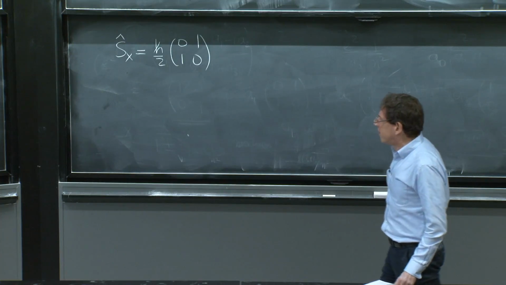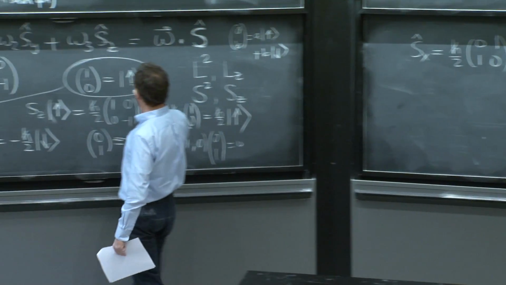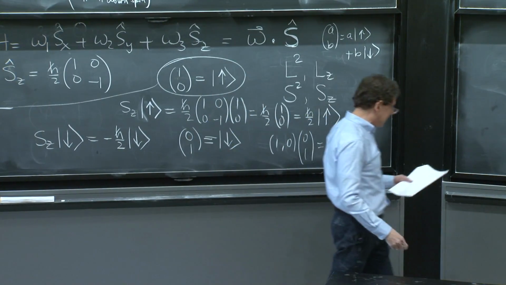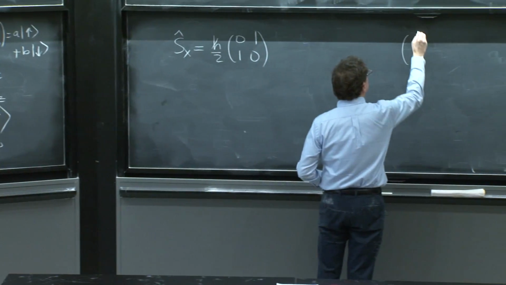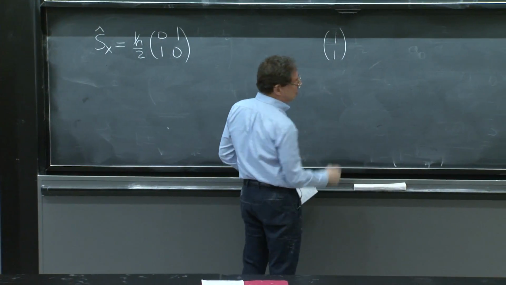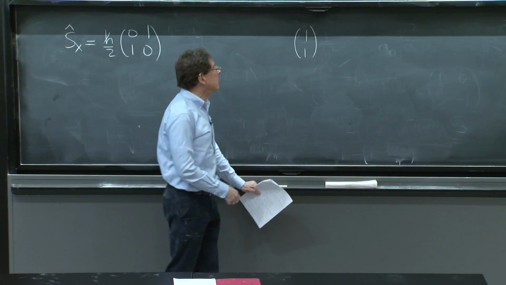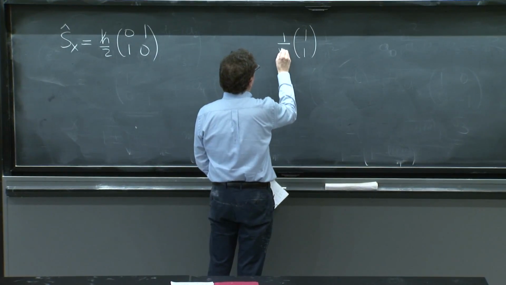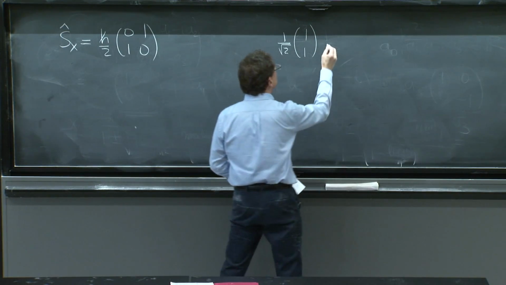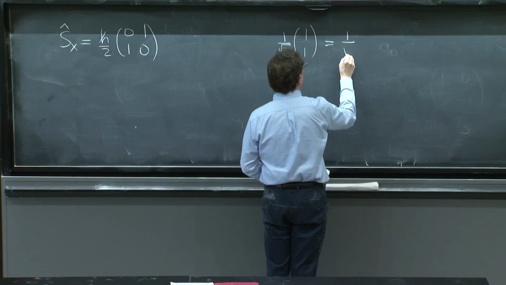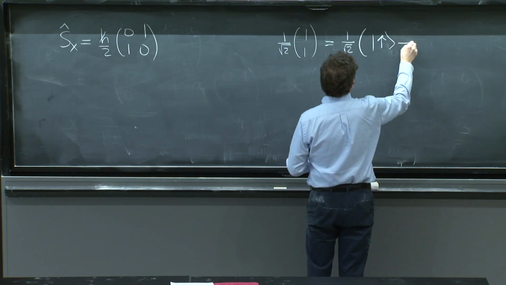To say, look, I've got this vector (1, 0), which is up, and (0, 1), which is down. I can try maybe a vector that has the up and the down. Maybe the up and the down is a vector that points nowhere. Who knows? Whatever. If I want to normalize it, I have to put a 1 over square root of 2. And now I know it's 1 over square root of 2 times up plus down.